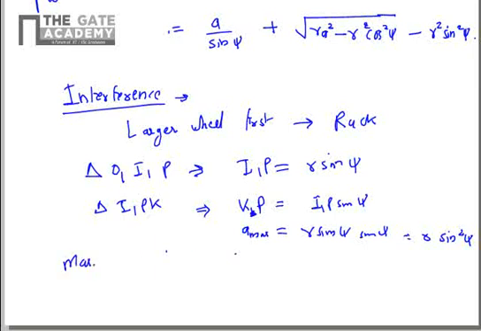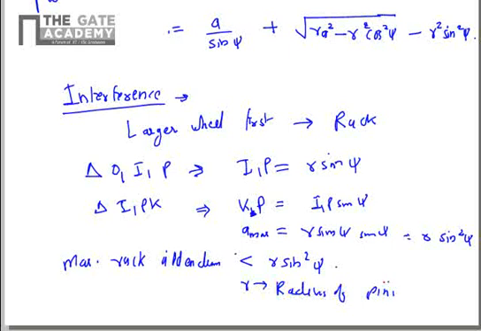So the maximum rack addendum should be less than r sin square xi, where r is the radius of the pinion and xi is the pressure angle. This is a very simple formula, which is why there is a probability of an objective question coming from this topic.